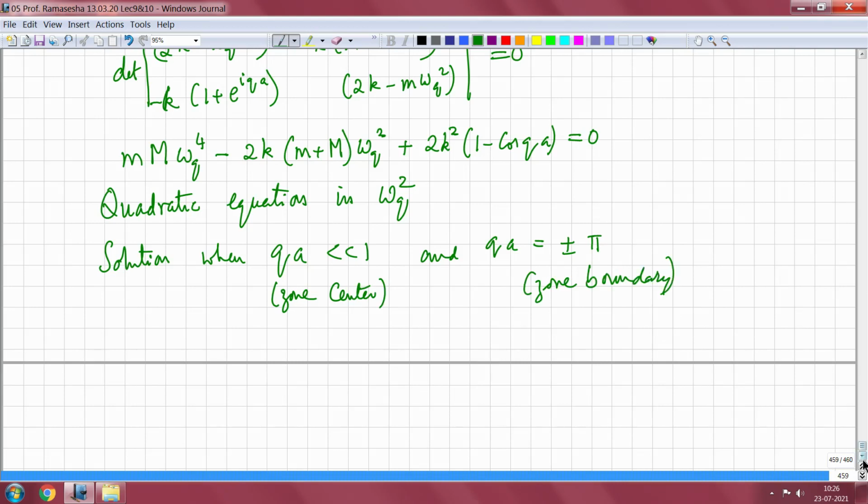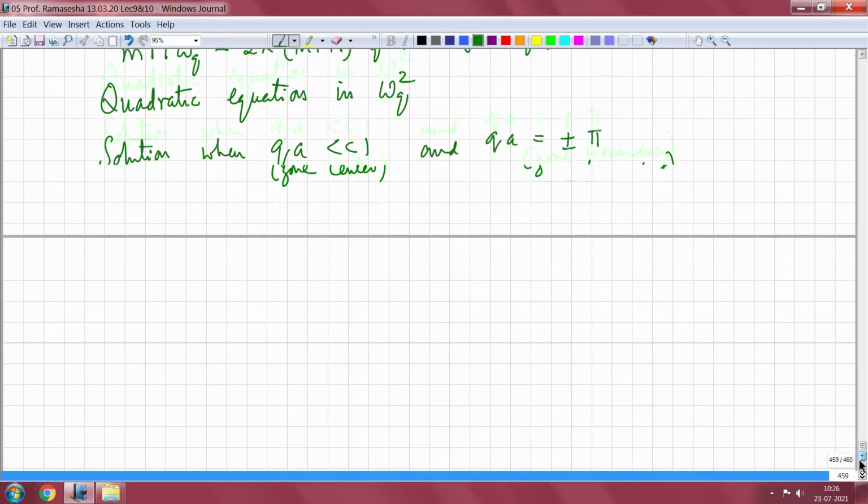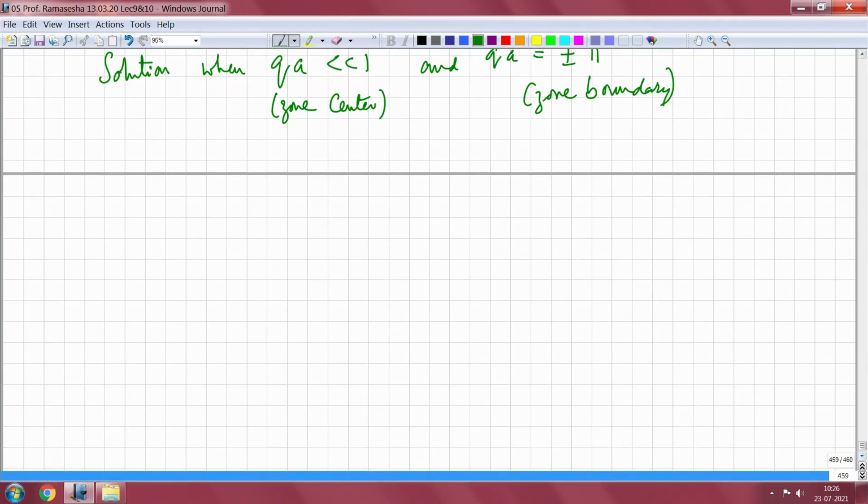To obtain that, we have to write down the general solution anyway, and what we will get is the following.